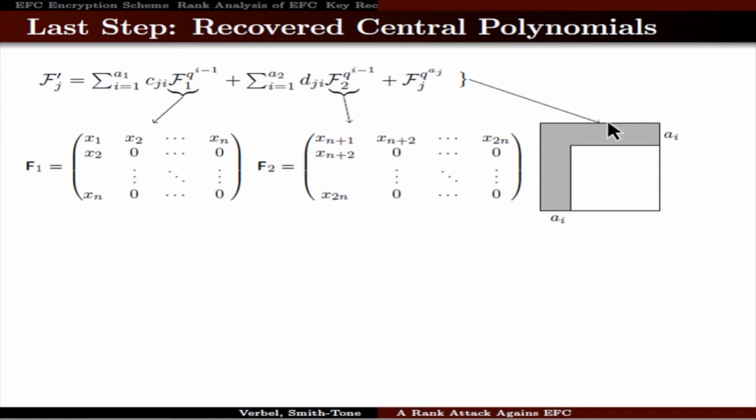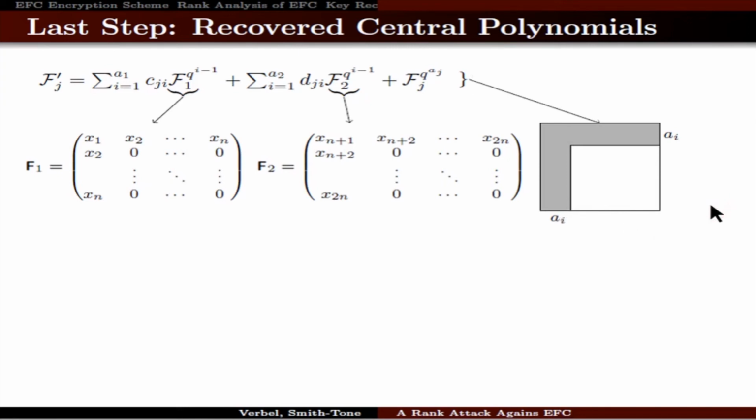Anyway, we are able to find two central maps having this form, but this is not useful at all because this map could be really hard to invert.